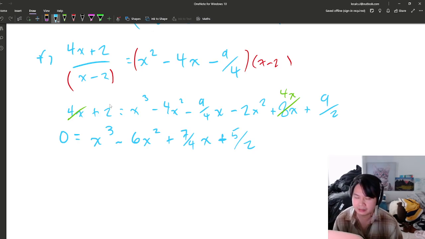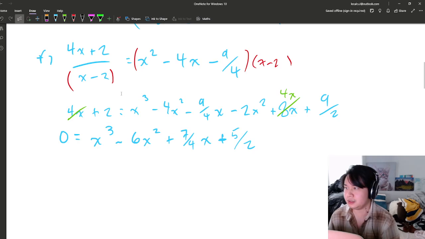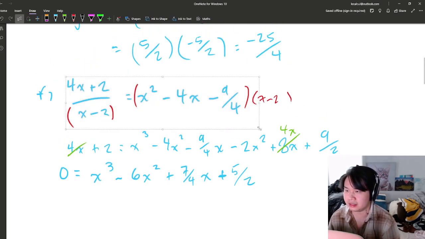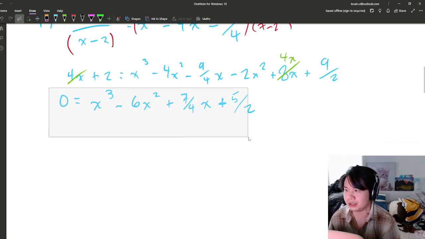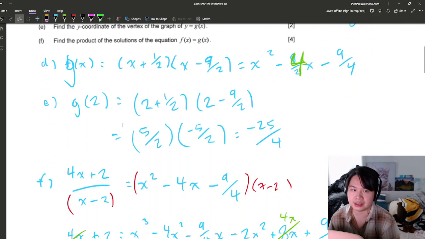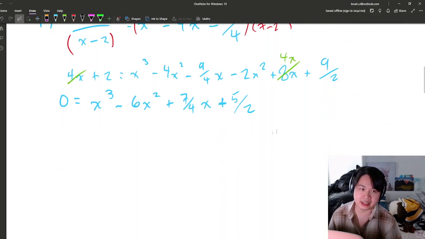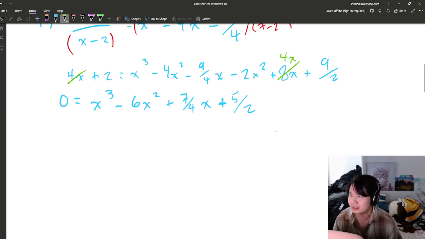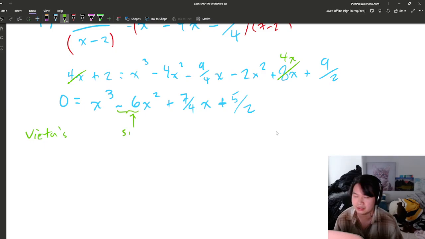Okay, and then the solutions to their intersection would be the solutions to this polynomial. Now, we don't need to know the solutions, we just want the product of the solutions. And there is a formula, or whatever you want to call it, for that. They're called Vieta's formulas. And this thing right here, the second coefficient, is usually related to the sum.